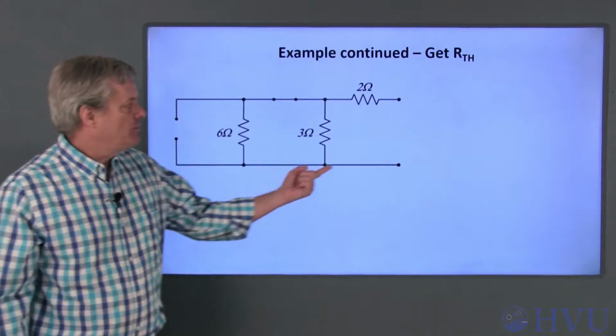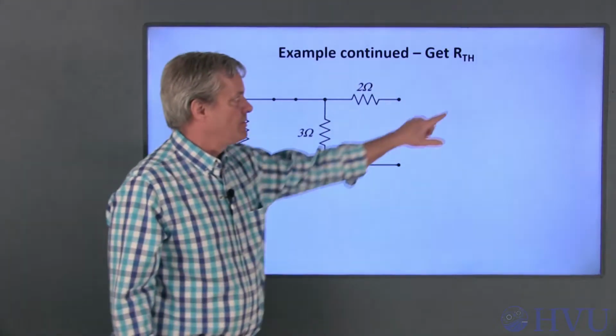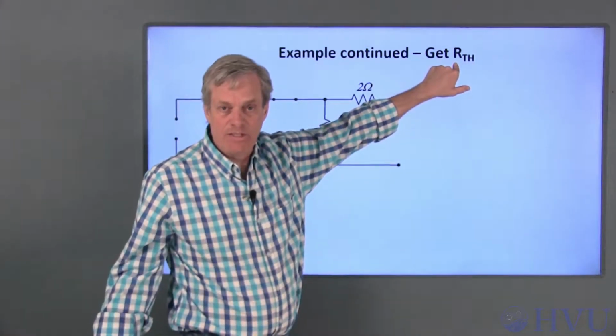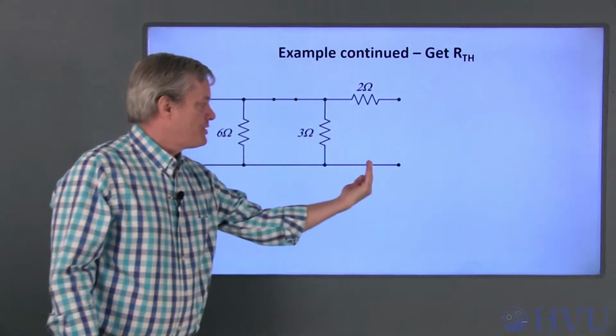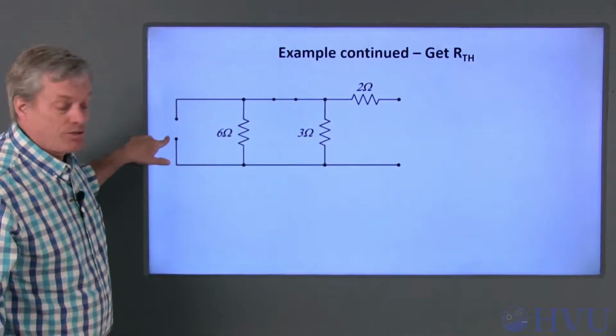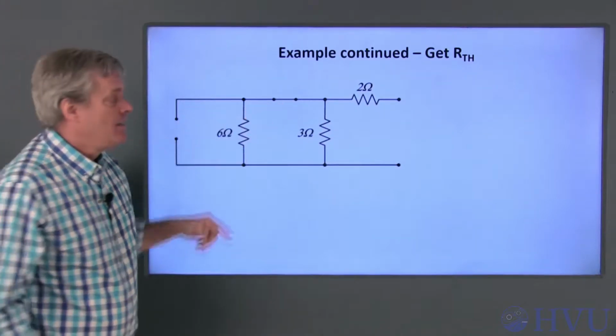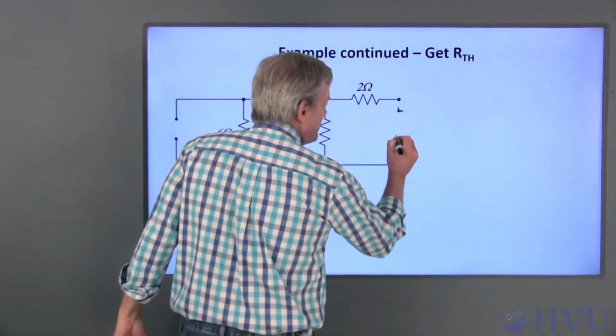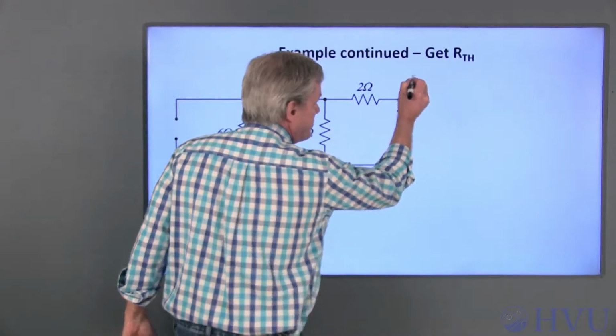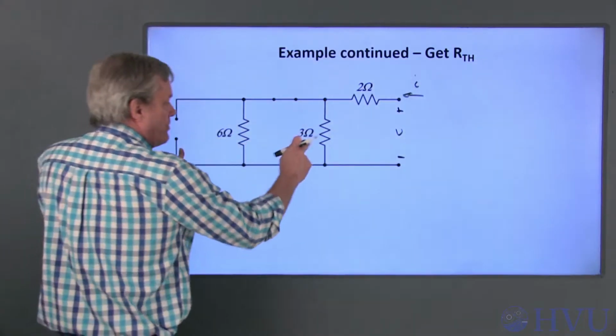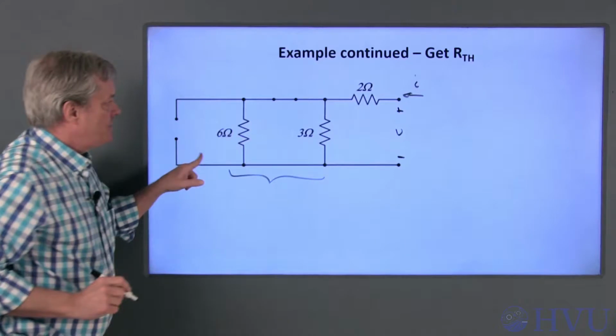To find the equivalent resistance seen across these terminals, or RTH, the Thevenin resistance, we kill the sources in this circuit. The current source becomes an open circuit, the voltage source becomes a short circuit. Then we find a voltage-current relationship across these terminals. I can do that using circuit reduction techniques.